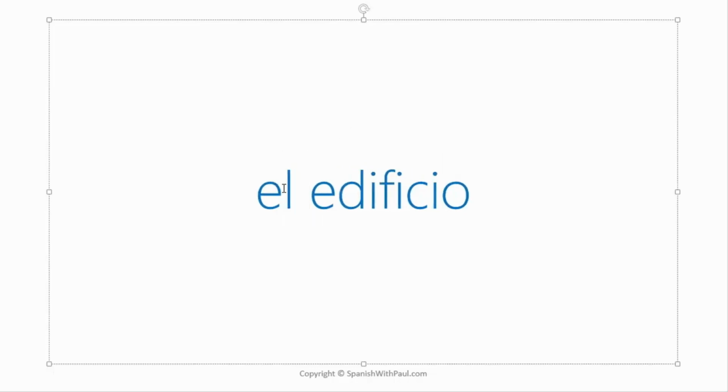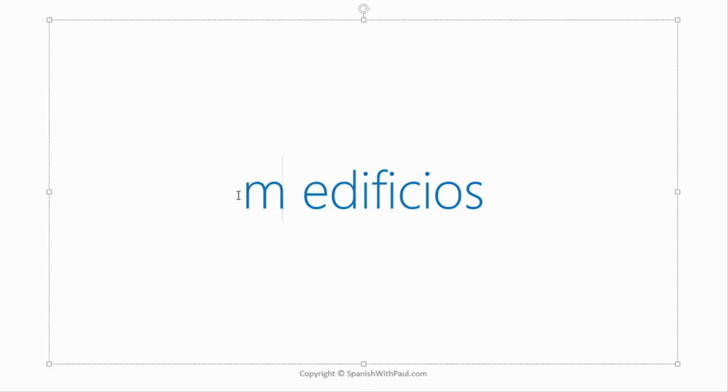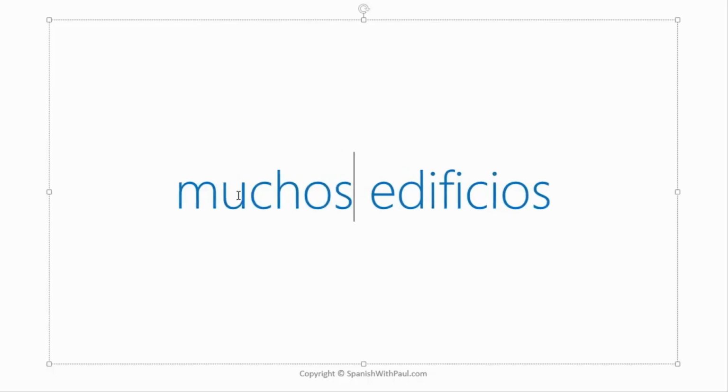So it would be el edificio. Ending in o, it's a masculine word. Now, the buildings, this changes to los, and we add an s, so it would be los edificios. Now, if you want to say a lot of buildings, instead of mucho edificios, even mucho becomes plural, so it goes to muchos edificios.